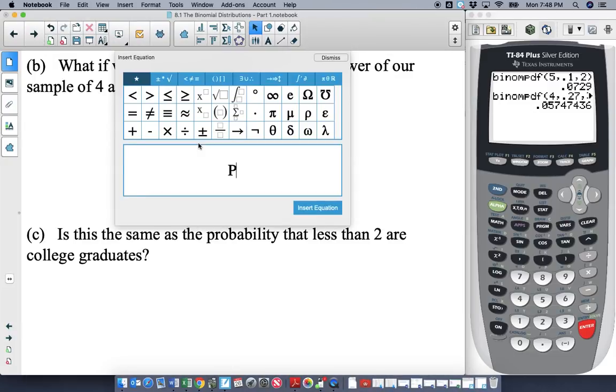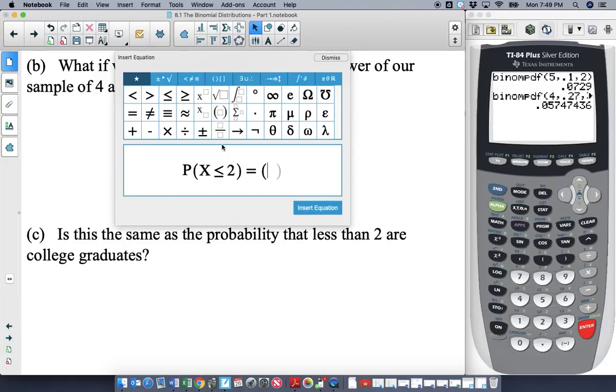We are looking for the probability that x is less than or equal to 2. 2 or fewer are college grads. What do I have to do to find this? Because I need probability that x is less than or equal to 2, I'm going to need x equals 2, x equals 1, and x equals 0. So I need to show my work for all 3 of those.